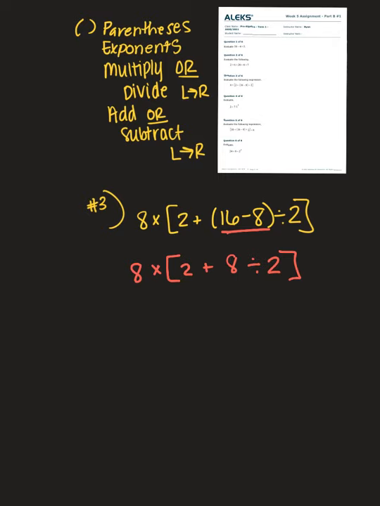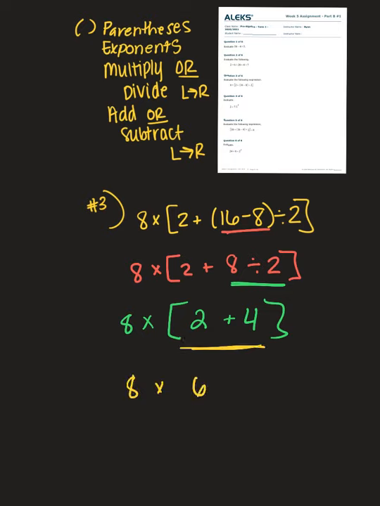Just because 2 plus 8 comes first, according to the order of operations I need to do 8 divided by 2 first. 8 divided by 2 is 4, and then we'll keep everything else. I still haven't fully gotten rid of my brackets, so I'm working on the inside of those. 2 plus 4 is 6 times 8, and then we'll just finish it up. 8 times 6 is 48, okay?